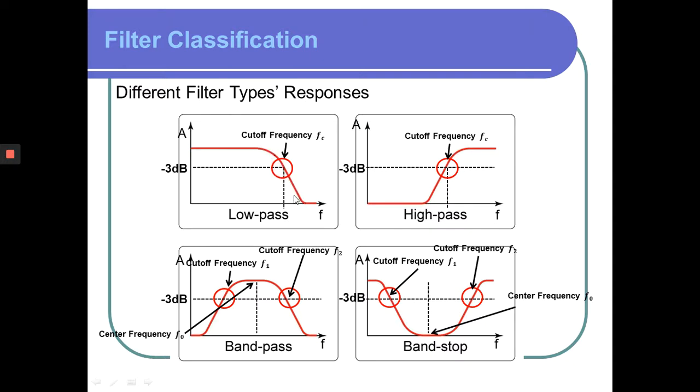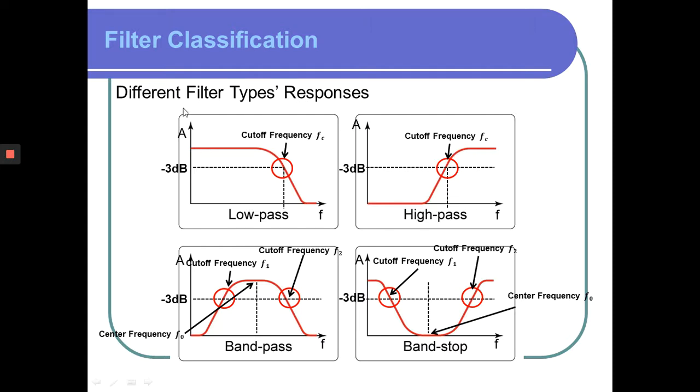The sharper the slope, the better the filter response. However, to make this slope sharp, sometimes we do not have a flat response. We sometimes have a ripple on top of this one. Later on, when we design, we will learn about it, but I'm just giving you an introduction.